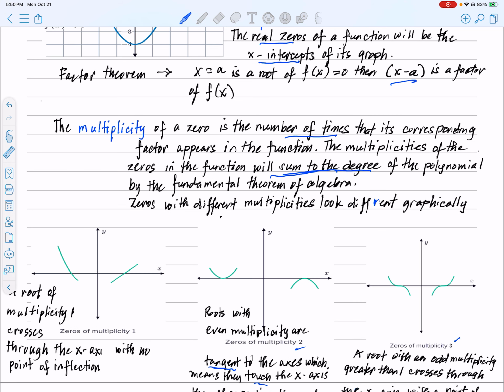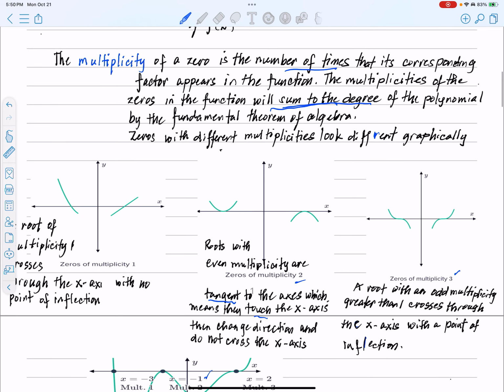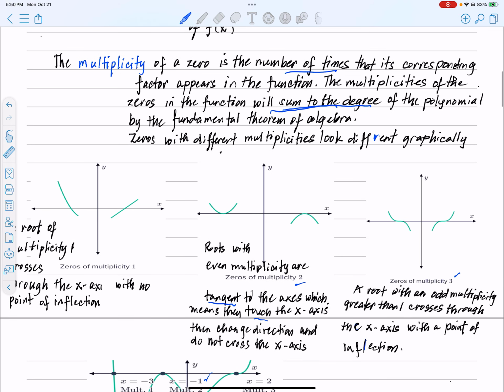Zeros with different multiplicities look different graphically. Let's visualize how it looks with the multiplicity.